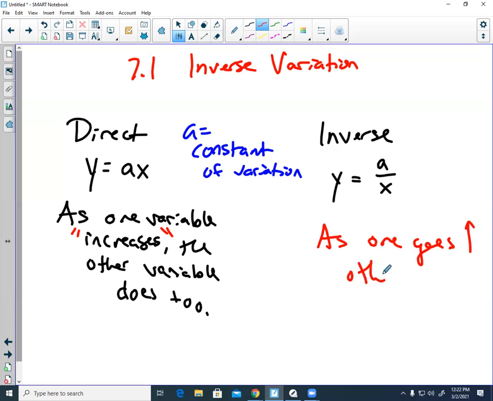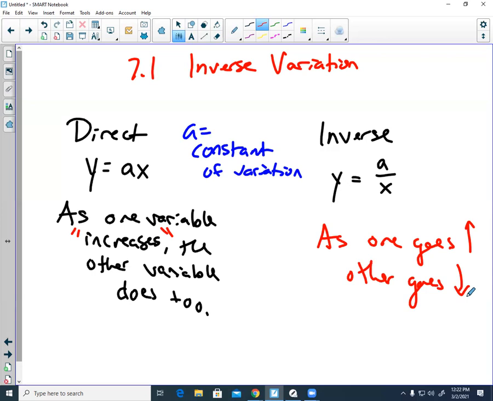When x is increasing, y is decreasing, or as y is decreasing, x is increasing. It just means that one of them is going up and the other one is going down.